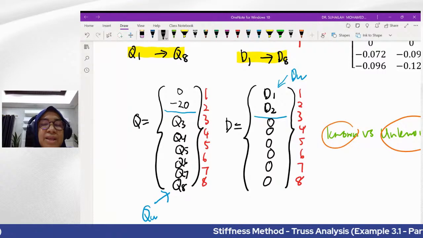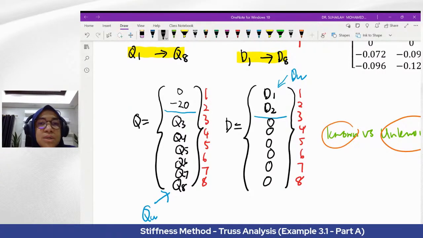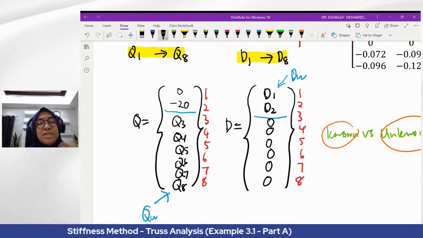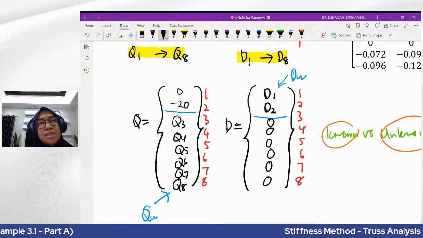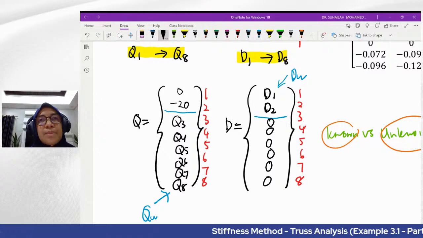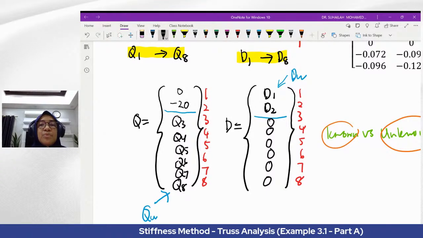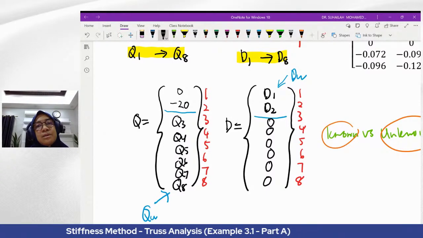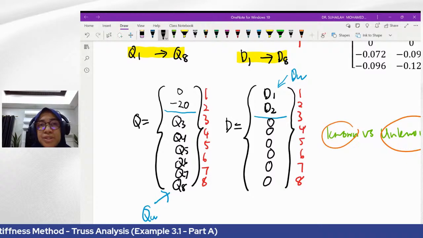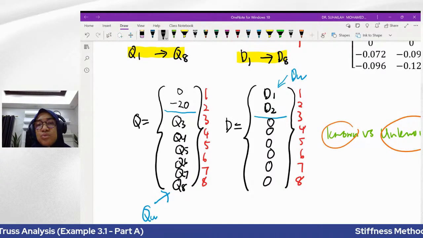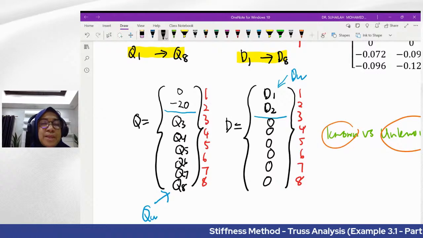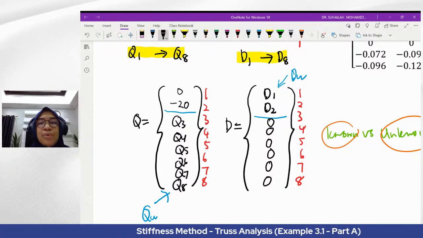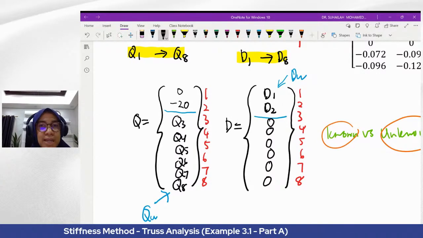This is very important because even though the first step of analysis will be the establishment of the stiffness matrix, the stiffness matrix will be used in the stiffness equation, Q is equal to KD, and without understanding what nodal displacement and nodal forces are, we cannot continue until the end of analysis.